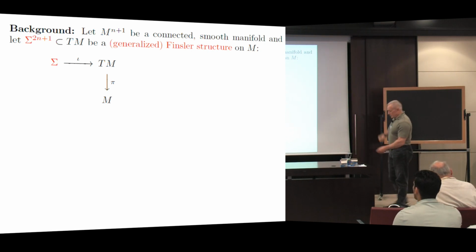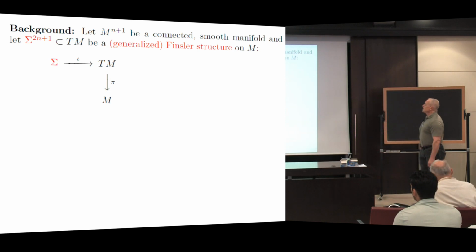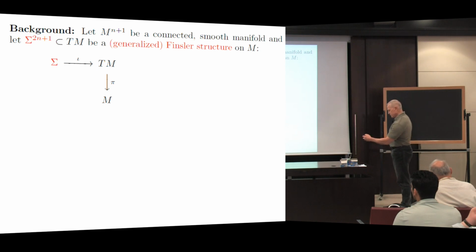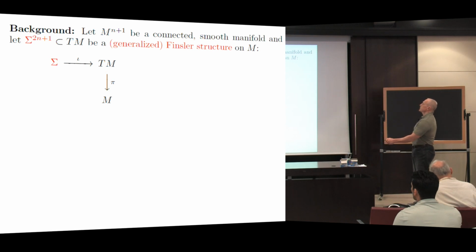That is, we start with a manifold M of dimension n plus 1, and we take a hypersurface in the tangent bundle, which you should think of as the space of unit vectors for the Finsler structure.